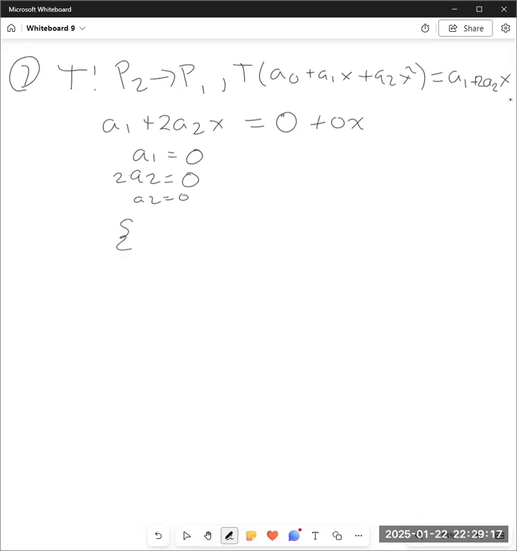So my kernel is, if we go back to the original up here, if A1 is 0 and A2 is 0, we just get the set of A0 such that A0 is an element of the real numbers.